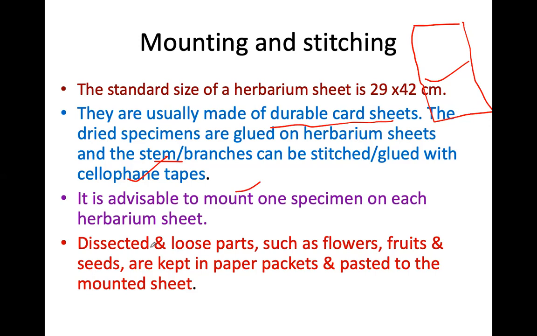Dissected or loose parts, such as flowers, fruits, and seeds, are kept in paper packets and pasted to the mounted sheets. Okay, this is the main mounting of the plant species and plant parts.